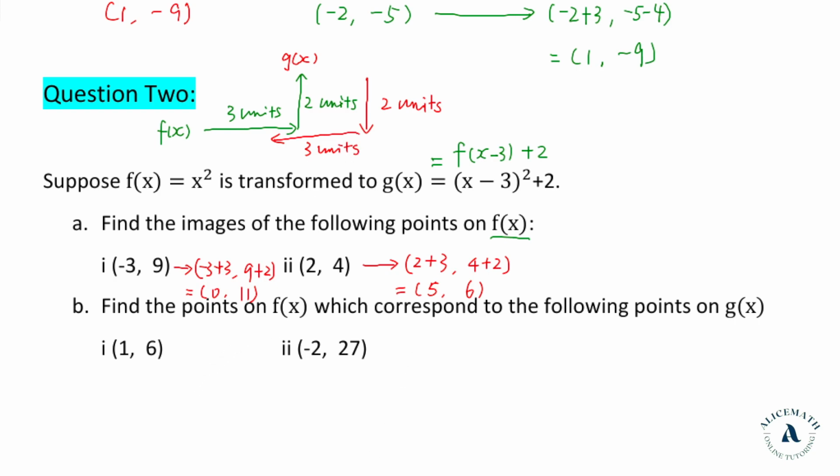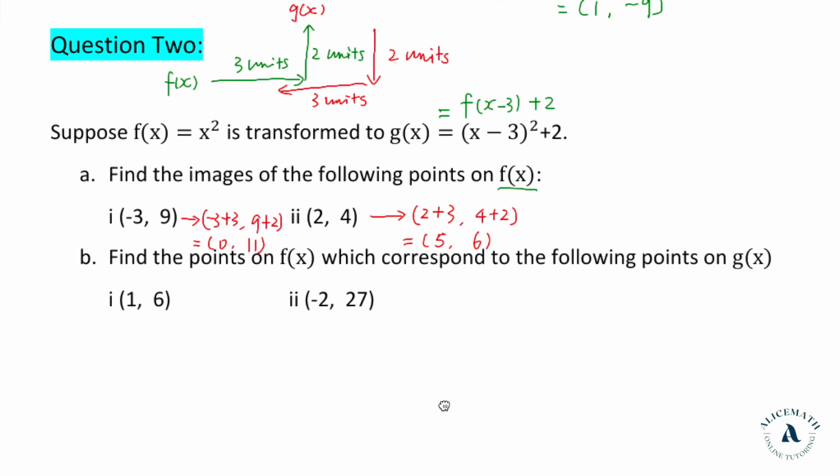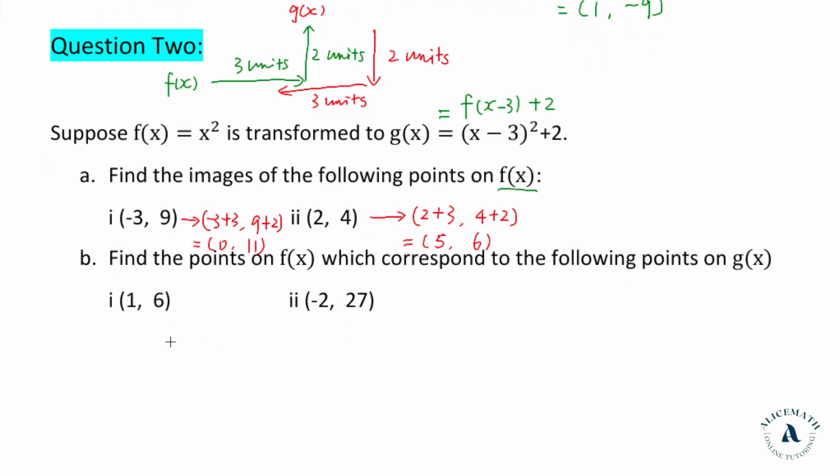So we need to use the inverse way. Now go down 2 units, and then move to the left side by 3 units. Here is g(x), here is f(x).